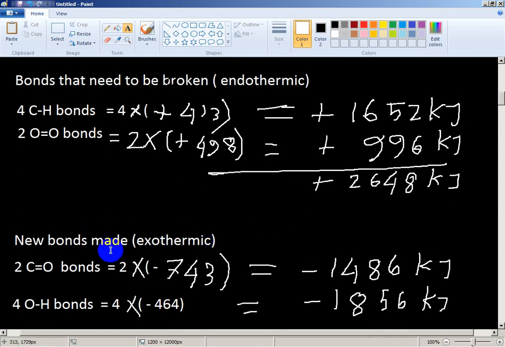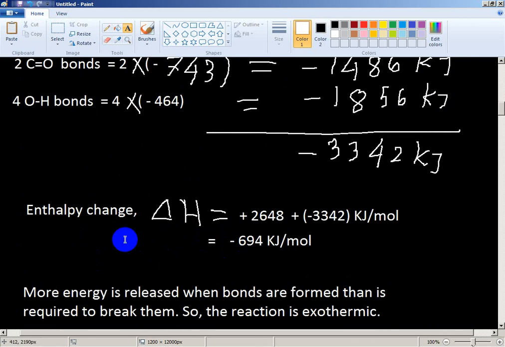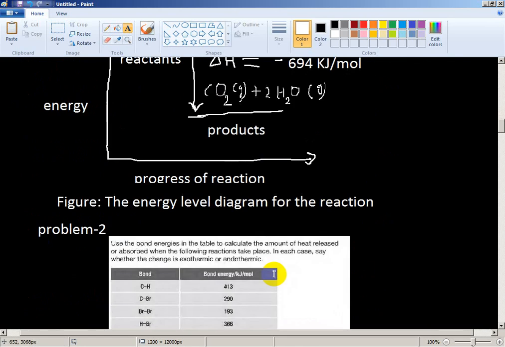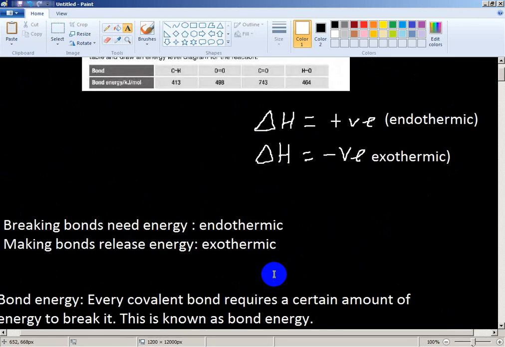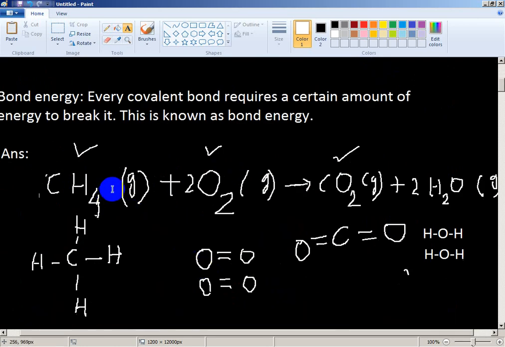Then we calculate the new bonds made, exothermic. Then delta H is the sum of these. If more energy is released on formation, it will be exothermic. At first we write the reaction.